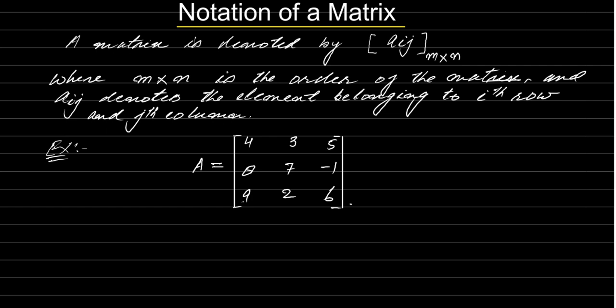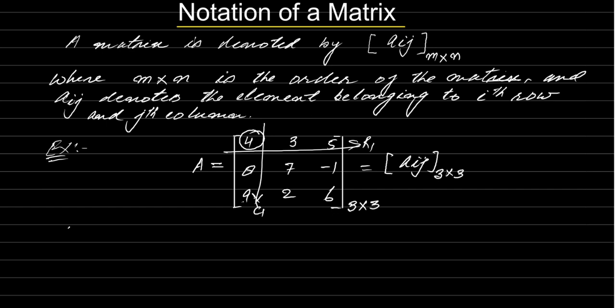So its order is 3 by 3, and if we denote it by square bracket Aij 3 by 3, then this element belongs to the first row and the first column.